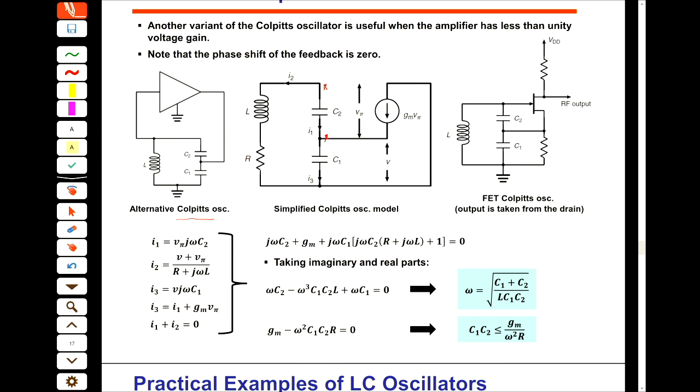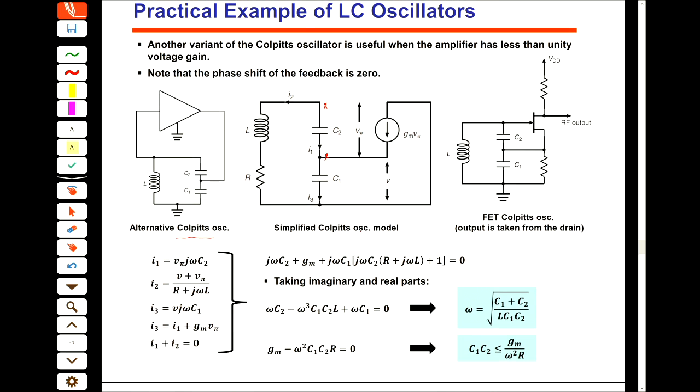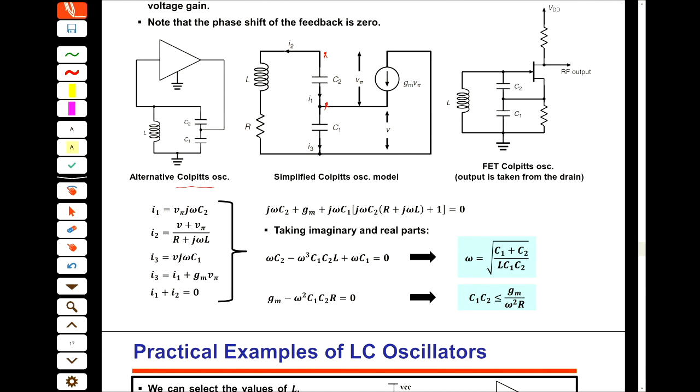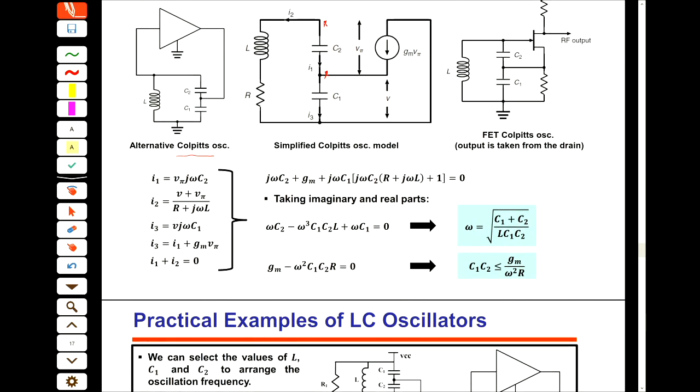And then I assumed again that the C pi, C mu, R pi, and RO are negligible, and not in our model. And then we write down the equations to find the oscillation frequency and actually the Barkhausen criteria.